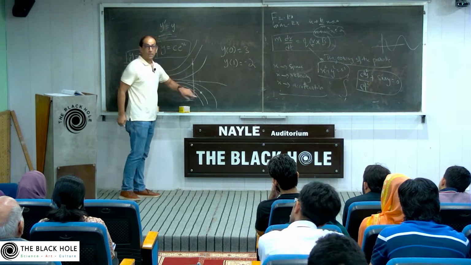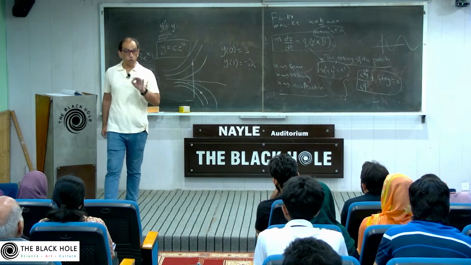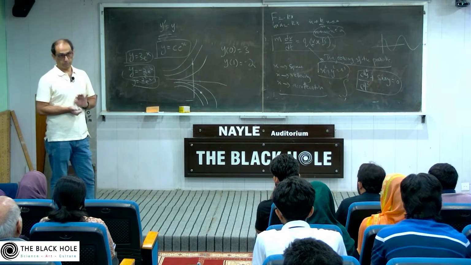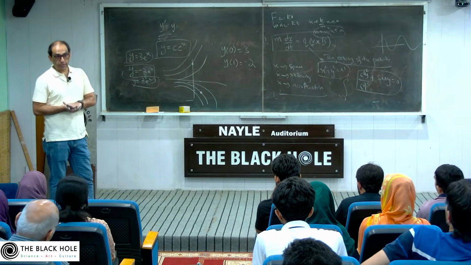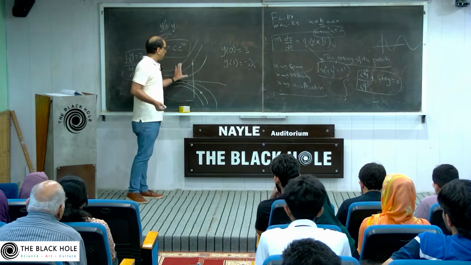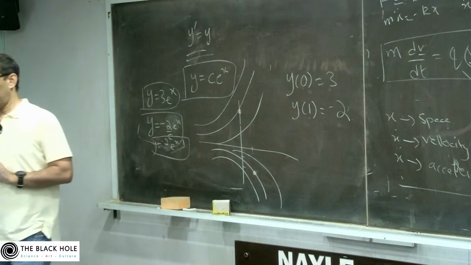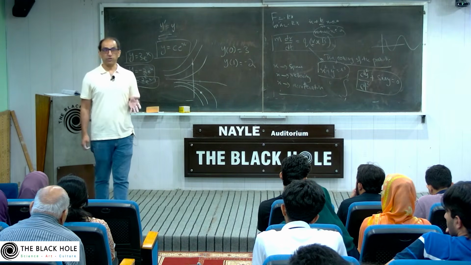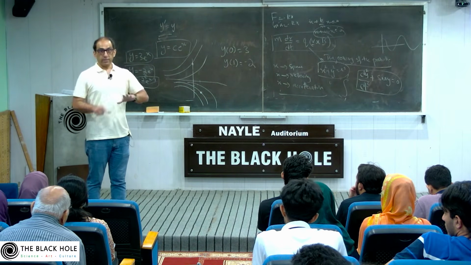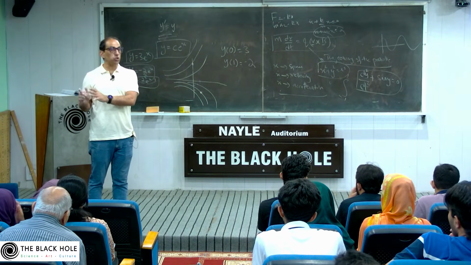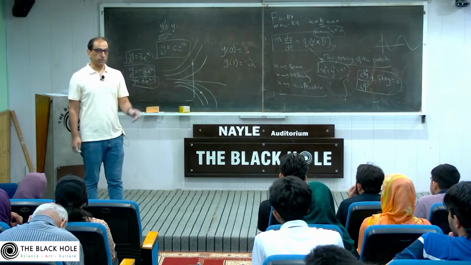Just because the directive says your curve ought to pass through this point, not only do you get a particular solution, you also decide in which quadrant you will move. So it's a very non-trivial thing. This directive has very non-trivial consequences. The solution doesn't change, but which part of the solution you end up with is decided by that.